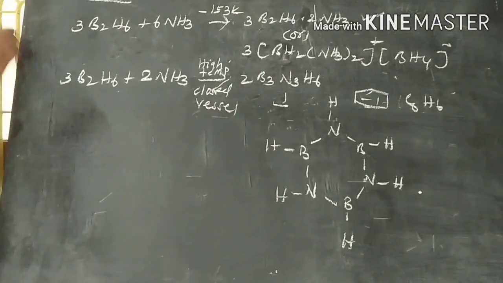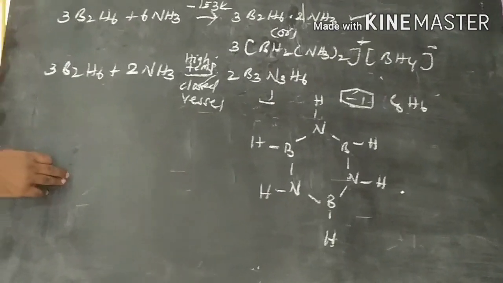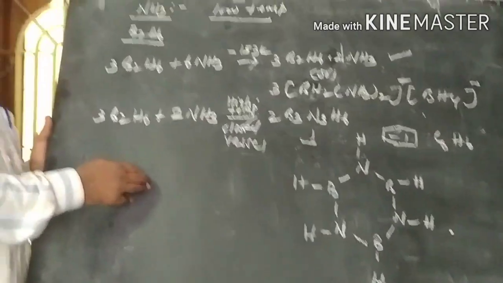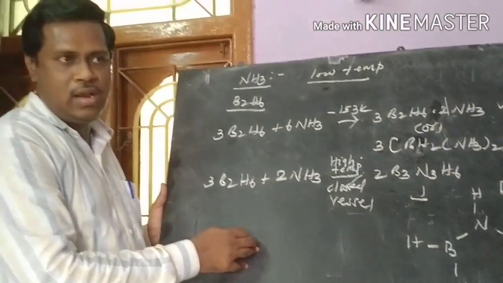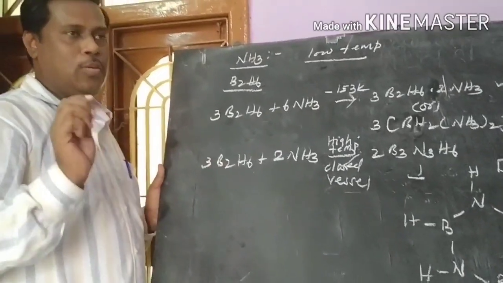Next one is uses of diborane. Diborane is used as a high energy fuel for propellant.